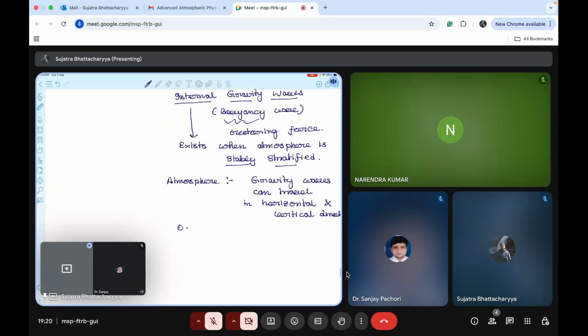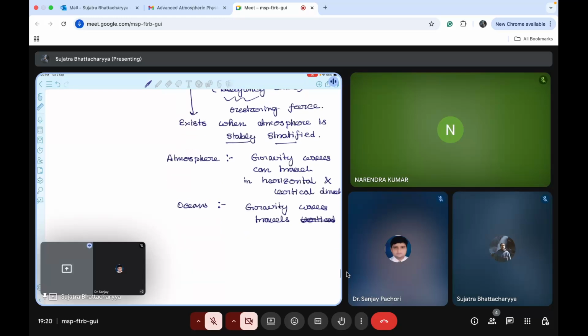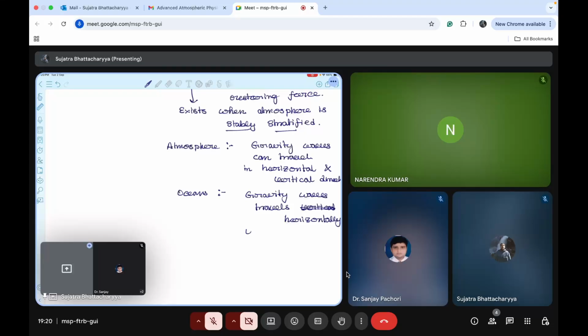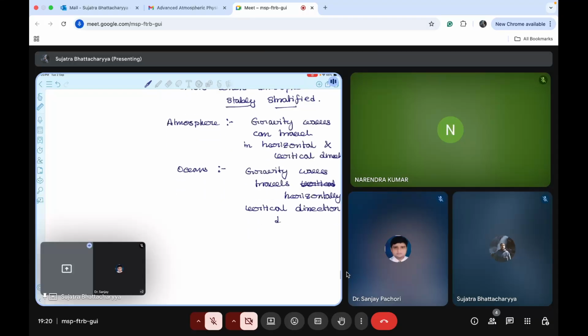Okay, but in case of oceans, in general gravity waves travel horizontally. This internal gravity waves, remember. Why? Because in the vertical direction, there is a boundary, right? In the vertical direction, there is a boundary. So that creates a standing wave pattern.